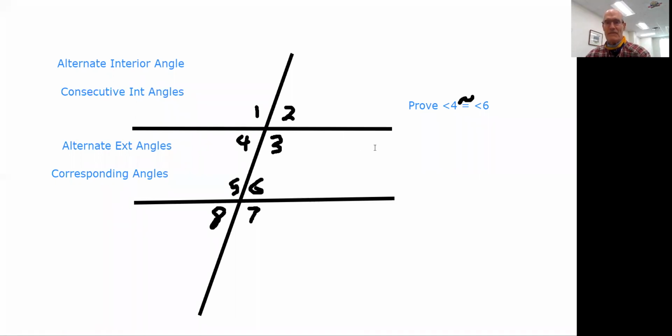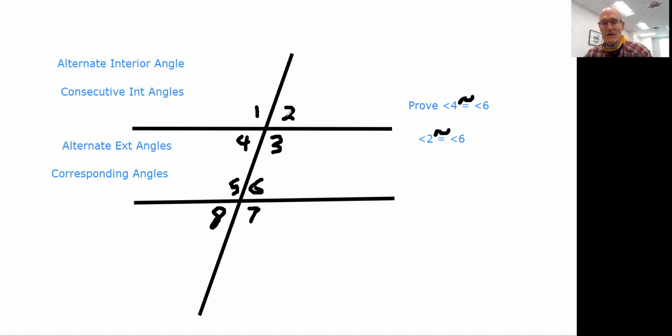So we can say that angle 2 is congruent to angle 6 because that's the corresponding angle postulate. Remember, with postulates, we don't have to prove postulates. They are assumed to be true. So 2 and 6 are congruent because of the corresponding angle postulate.